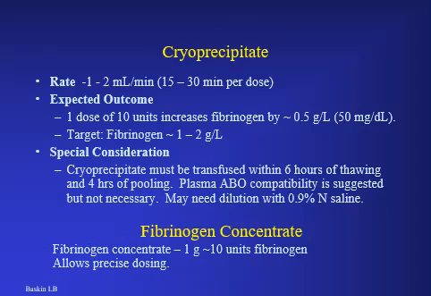Now, the dose of about 10 units will take somewhere close to half an hour to infuse, and it has to be transfused within 6 hours of thawing and 4 hours of cooling.